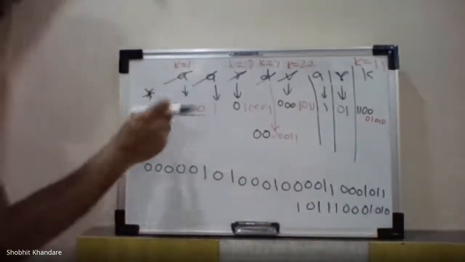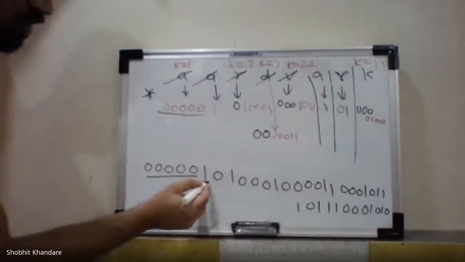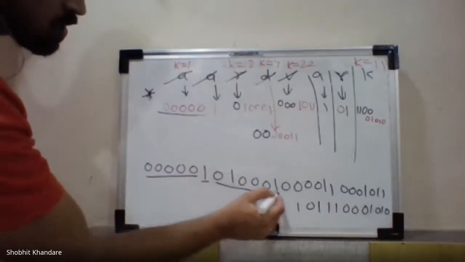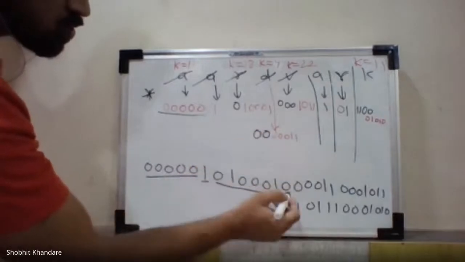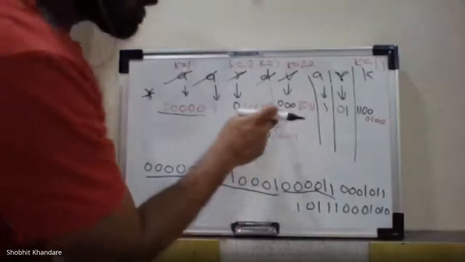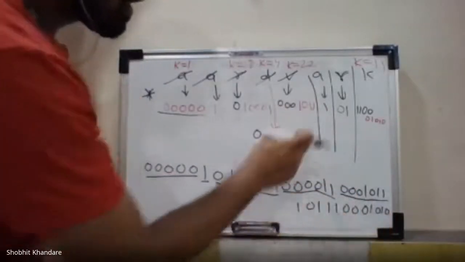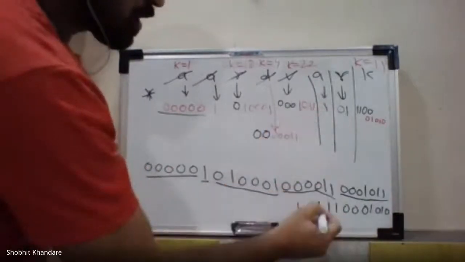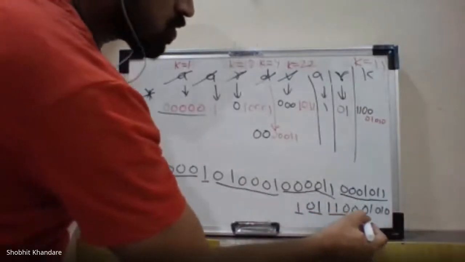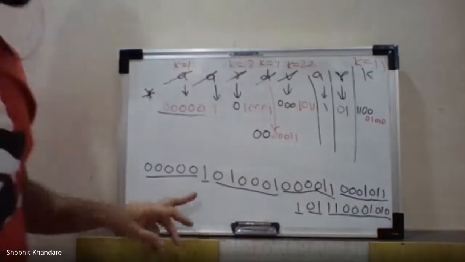Okay, for A 5 times 0, this is 5 times 0, then this is 1 single 1, then 0 1 0 1 0 0 0 1, then 0 0 0 0 0 0 0 0 1 1 1 1, then 0 0 0 0 1 0 1 1, then 1, then 0 1, then 1 1 0 0 0 1 0 1 0. Okay, so this is the final encoded one.